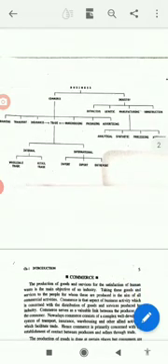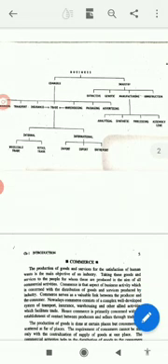So, what is a business? The business is divided into two parts: the commerce and the industry. The industry is further divided into extractive industry, the genetic industry, the manufacturing industry, and the construction industry.